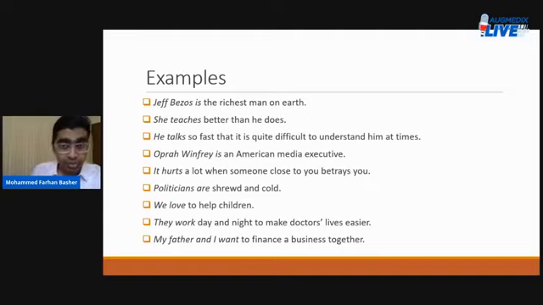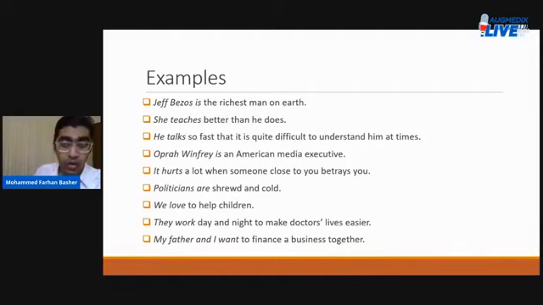But in that case, our subject would have to be singular, right? So we could say he loves to help children or she loves to help children. But when we are talking about we, which is a plural pronoun, we have to have our verb in the plural form as well. So we say we love to help children.